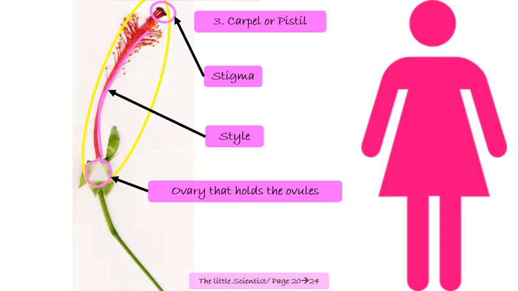And in the ovary, you can see small points, which are the ovules. For the moment, I want you to know that a pistil or a carpel is the female part of the flower, and it includes the 3 parts: stigma, style, and ovary.